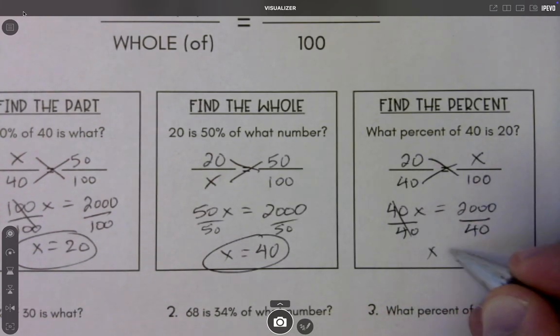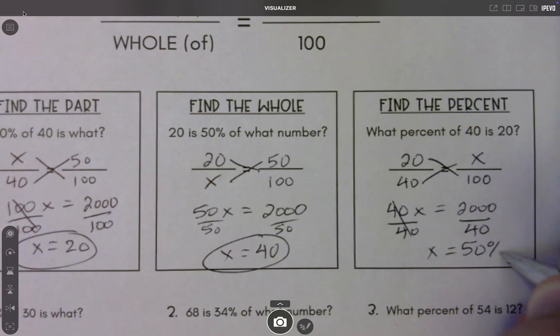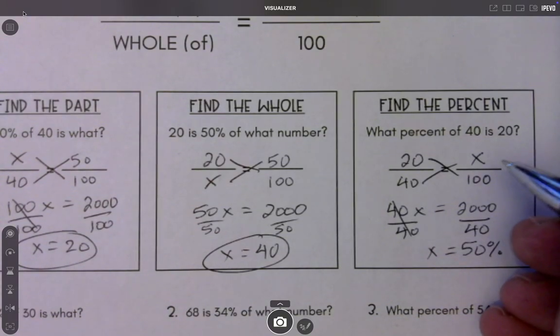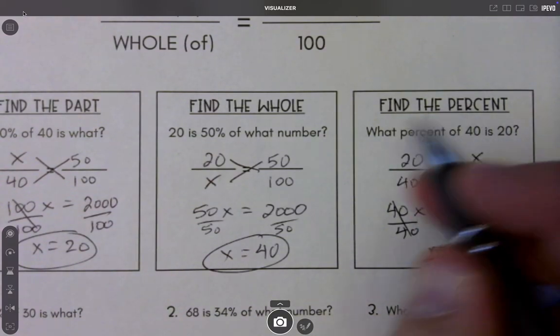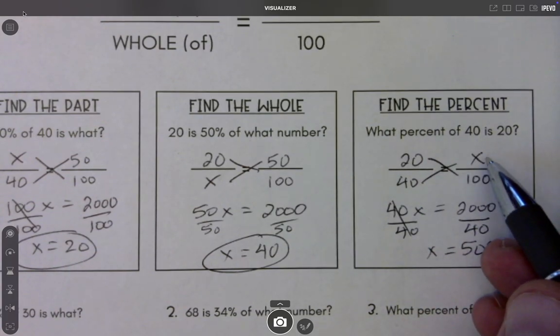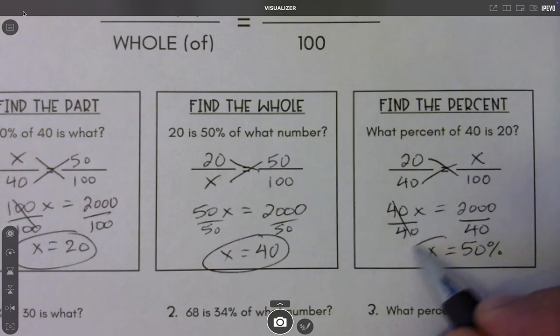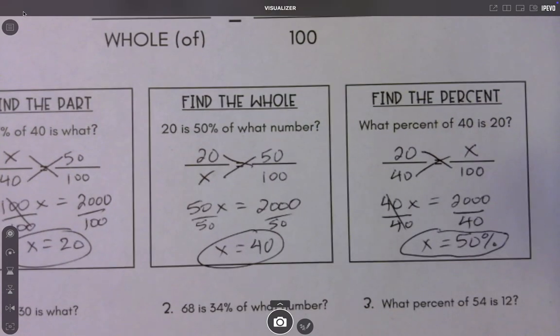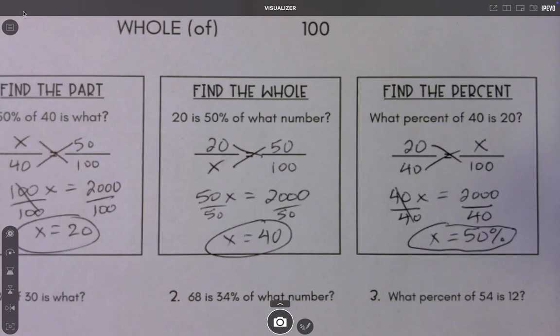And you get X equals 50. And you should put percent with this answer because that's what we're solving for. It won't always say that in the heading. But when we're solving for what's above the 100, we have to put percent with the answer. Worst case, I'll count off probably just 1 point if you forget the percent, but there's no reason to lose points for just forgetting to put the percent.